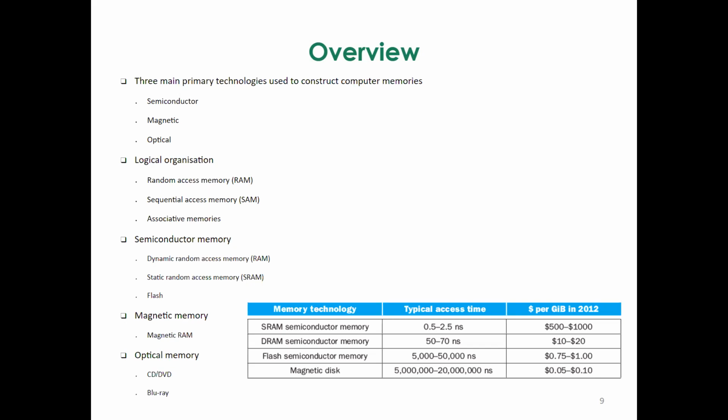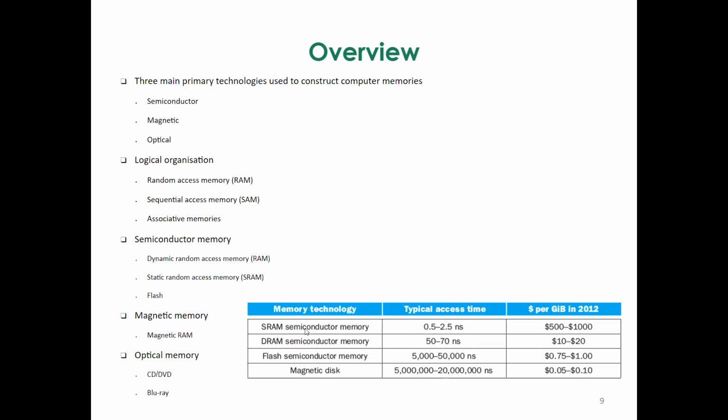So depending on the technology used to build that memory, we have varying degrees of access times for your SRAM. This is your static RAM, built from flip-flops, and it's faster.